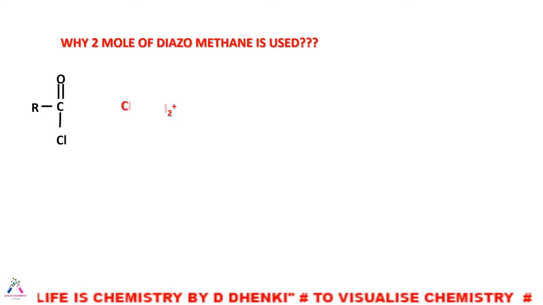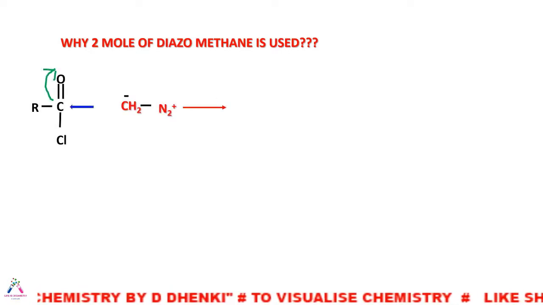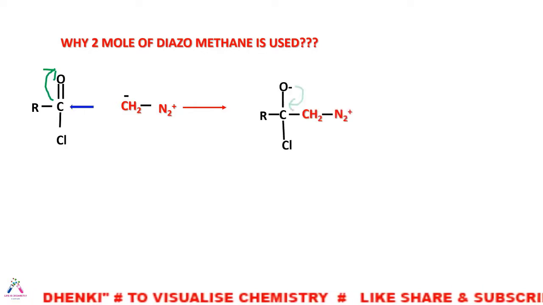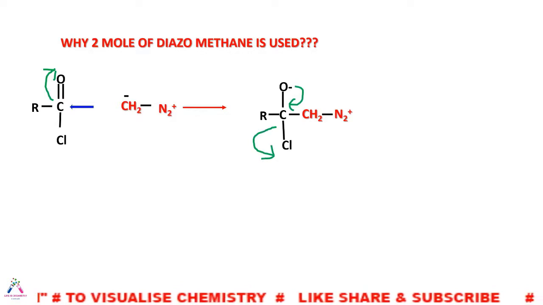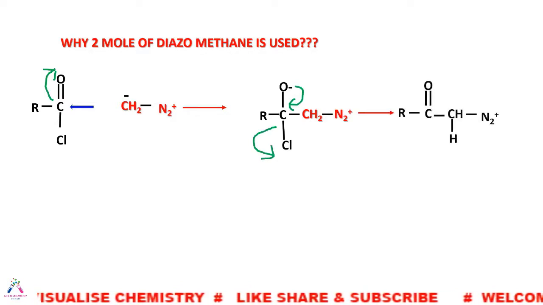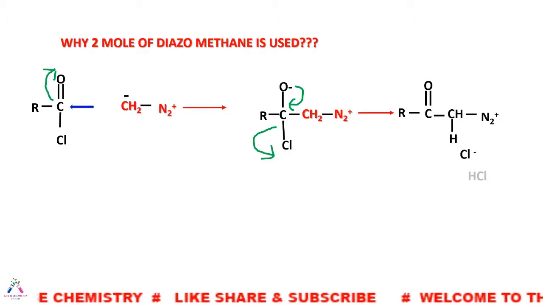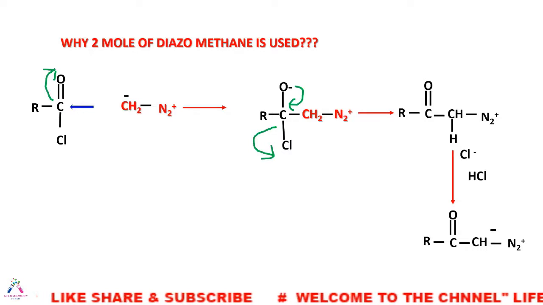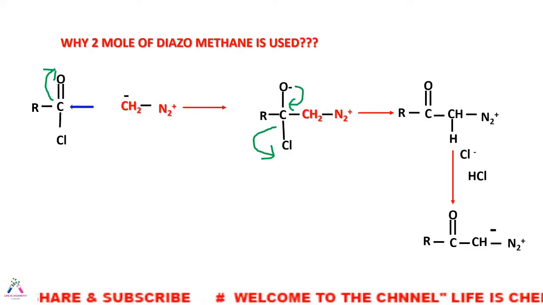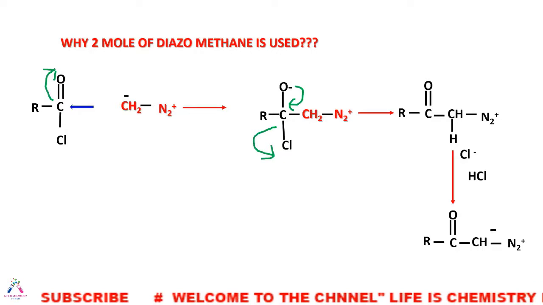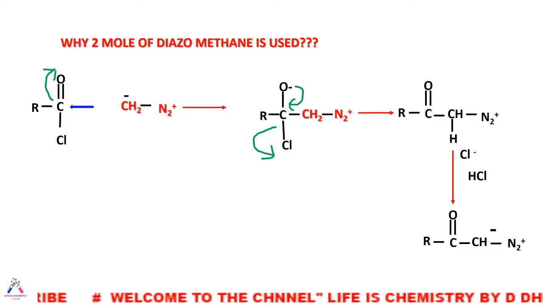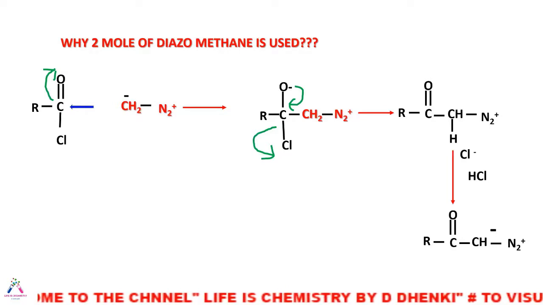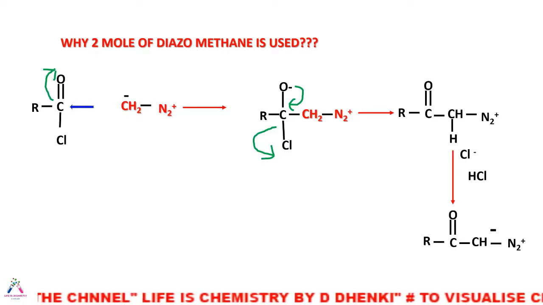In the mechanism, we find that diazomethane reacts with the acid chloride to form a zwitterion, from which a Cl- ion is eliminated, and this Cl- ion will abstract an acidic proton to form the byproduct HCl and our main product, the diazoketone.